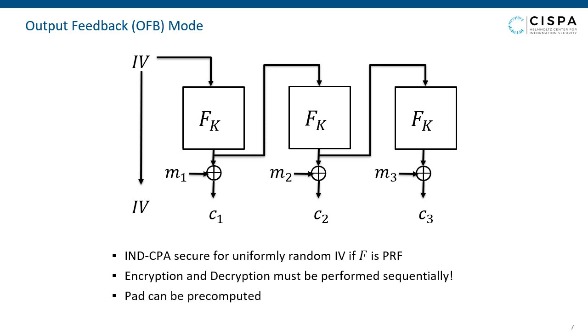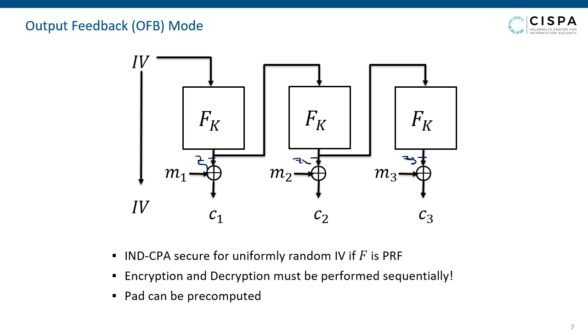However, there's a bit of a light at the end of the tunnel, namely the paths that come out here. Let's maybe call these, this is Z1, what comes out here is Z2, and here Z3. These values can be pre-computed before encryption.